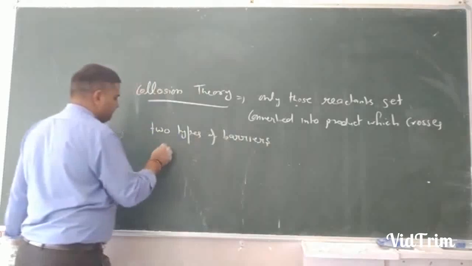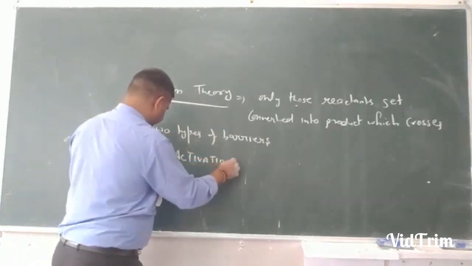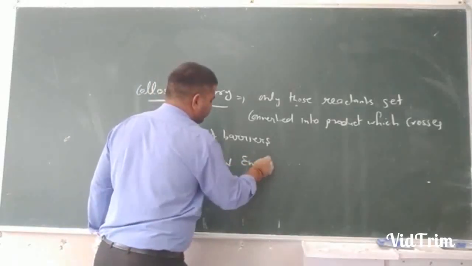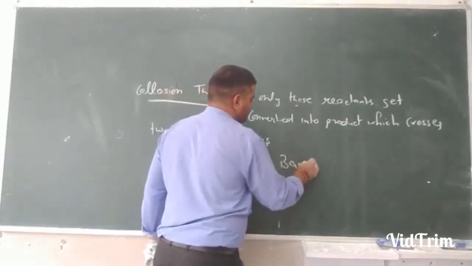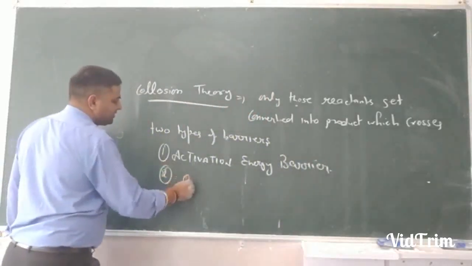The first barrier is called the activation energy barrier, and the second is called the orientation barrier.